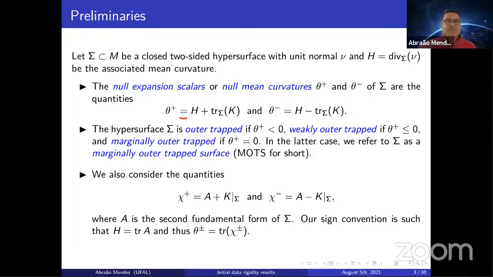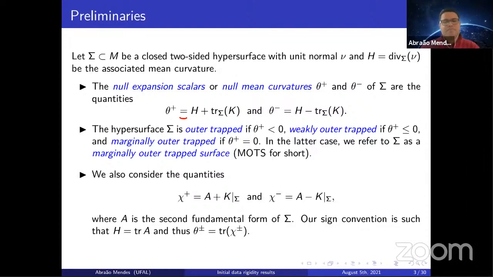We can also consider two quantities, chi plus and chi minus, defined by chi plus equals A plus K restricted to sigma, and chi minus equals A minus K restricted to sigma, where A is the second fundamental form of sigma in M. Our sign convention is such that H, the mean curvature, is exactly the trace of the second fundamental form.